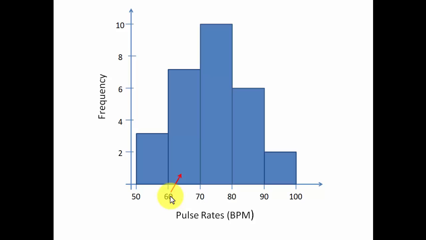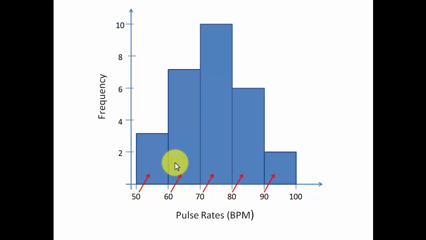So if anybody in our class has a pulse rate of 60, it would be placed into the bar to the right, and that's the case with all of these. If there were a 70 in our data set, which I believe there were, it's classified into this bar, so it's one of the 10 here, 80s, etc. That's always an interesting thing when you have a number between 2 bars: which side of the line does it fall to? It always falls to the right.